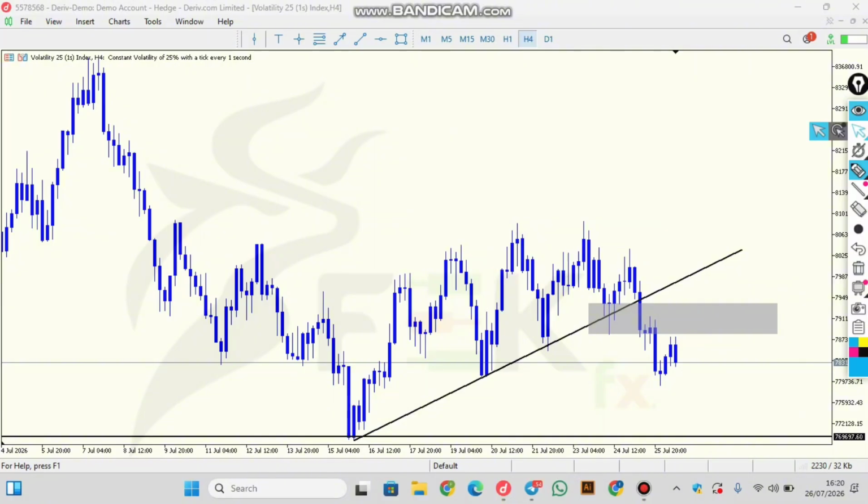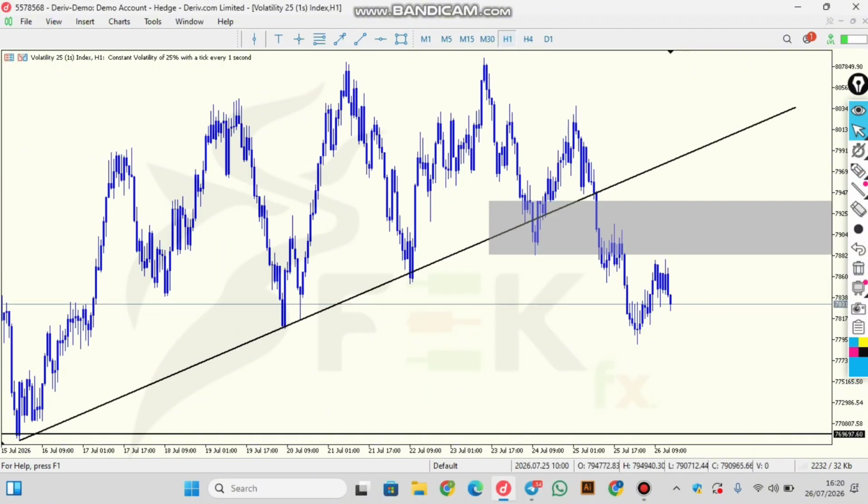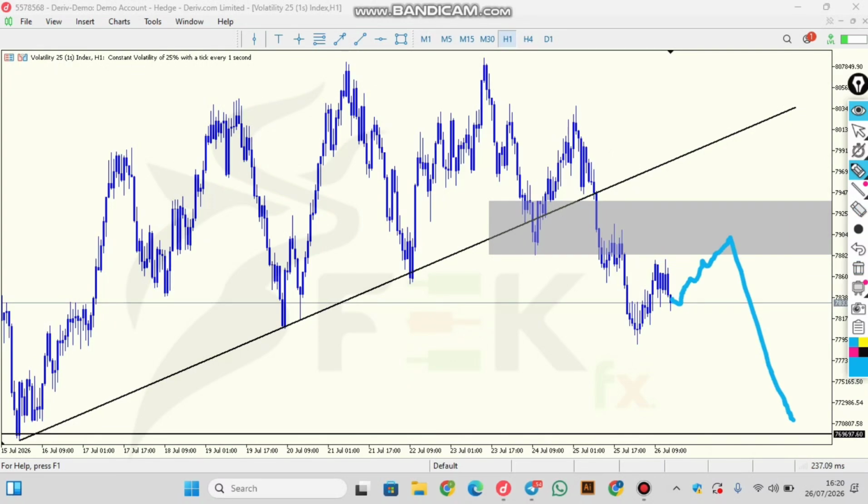In a simple sentence, we'll be looking to sell this market, but I won't take it now because in forex there's nothing like almost. The market did not get into my level, so I won't be interested as of now. I will wait for the market to come back here, then look to short this market to the downside. It is as simple as that.